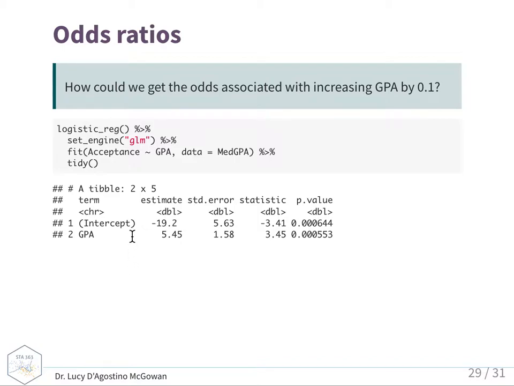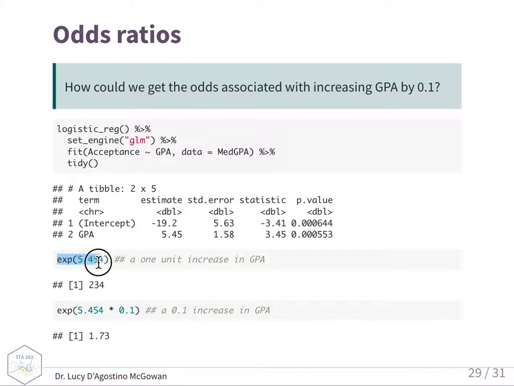We could instead get the odds associated with increasing GPA by 0.1. If we exponentiate, this is a 1 unit increase in GPA, 5.45. But a 1 unit increase in GPA is pretty huge, going from like a 3 to a 4 or a 2 to a 3, especially because GPA really ranges from 0 to 4. A 0.1 increase is a little more meaningful, going from like a 3.2 to a 3.3.